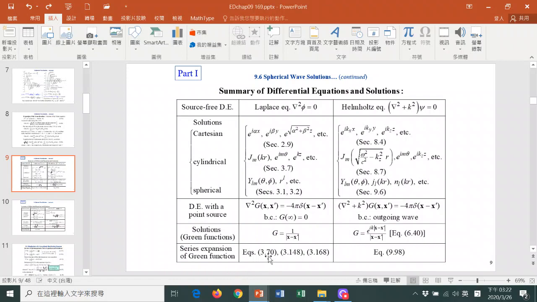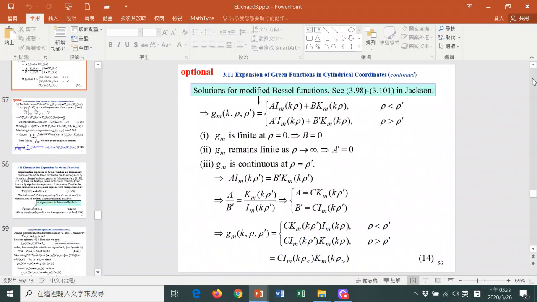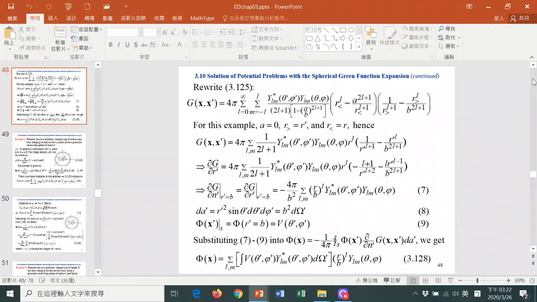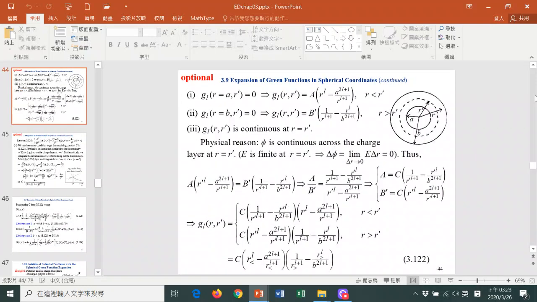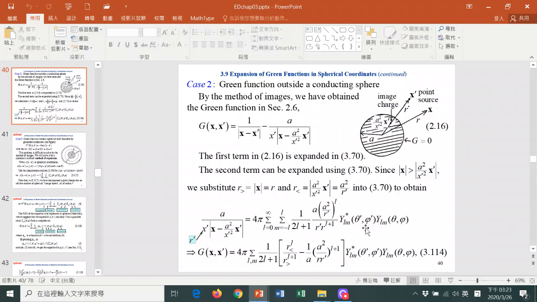And 3.70. Oh, here. Actually, it's this one, 3.125. Okay, that's for spherical coordinates. I remember we have more expressions, for example, this one.